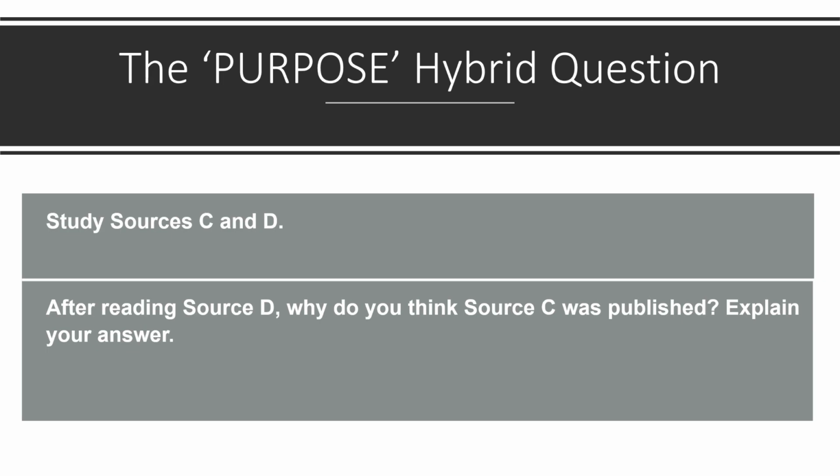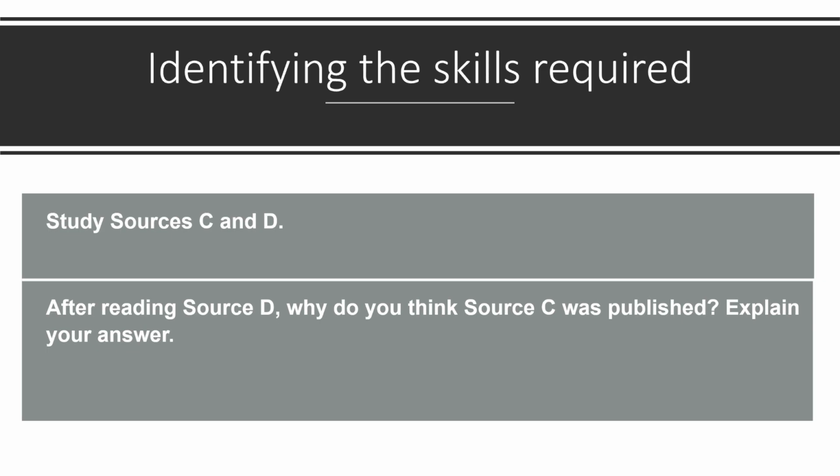The next step in trying to answer such a question is for us to identify the skill sets required. You have done this previously when attempting other hybrid question types, and we're going to do that now. How do we identify the skills required?